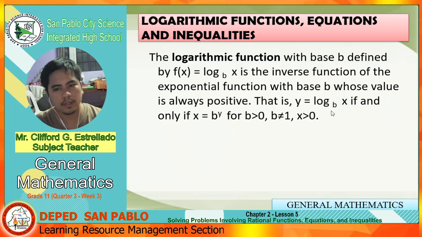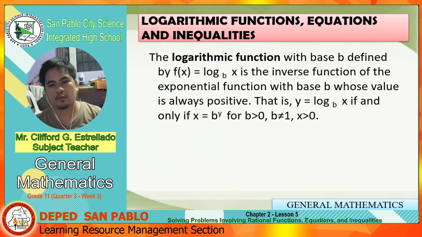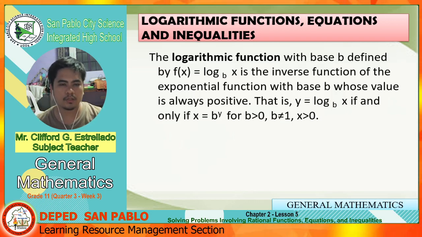And take note that in both cases, whether in logarithmic form or exponential form, the base should be greater than 0 but not equal to 1, and x, meaning the value, should be greater than 0. Meaning no negative values, since there is no negative value if we raise the base b, greater than 0 and not equal to 1, by an exponent of y.